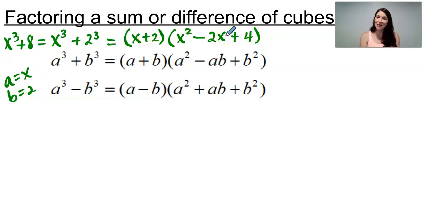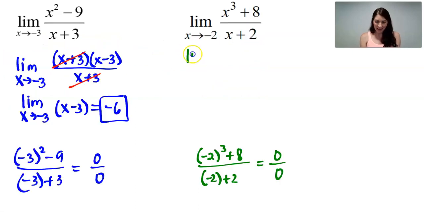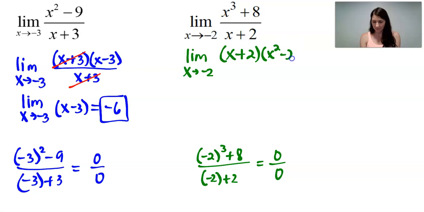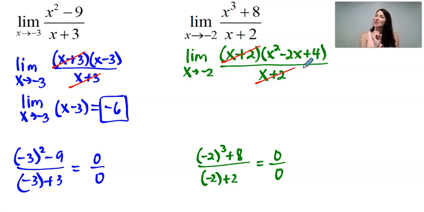So let's go back to the previous problem and fill that in for the numerator. I would have the limit as x approaches -2 of the factoring pattern I just had, divided by x plus 2. Once again, you can see a factor cancels, which means I have a hole.